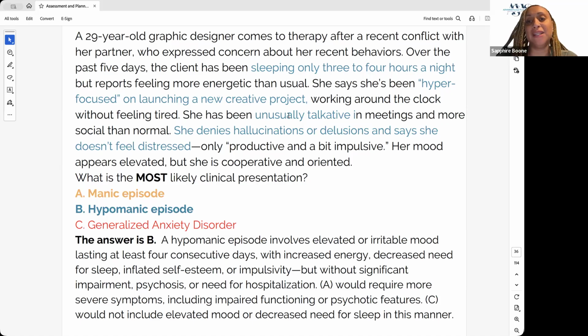And she's really highly productive. Typically, hypomanic episodes can be good sometimes. Unusually talkative. So again, that elevated mood is what you're seeing. Doesn't feel distressed also is something that, okay, we're not into that manic zone.